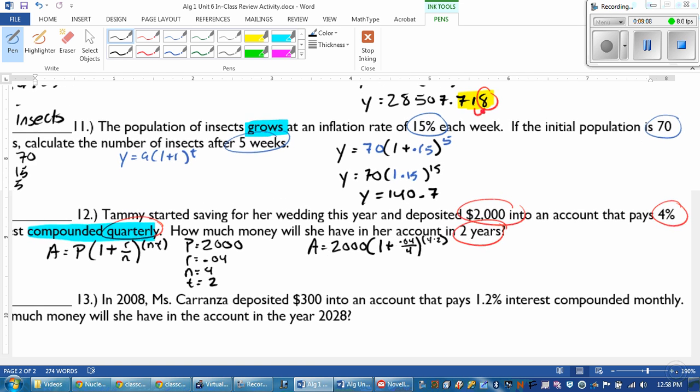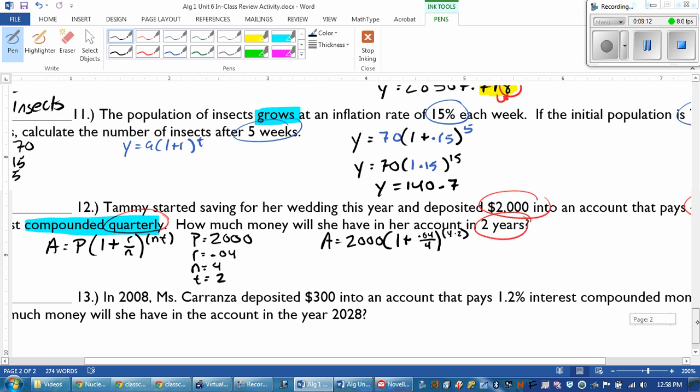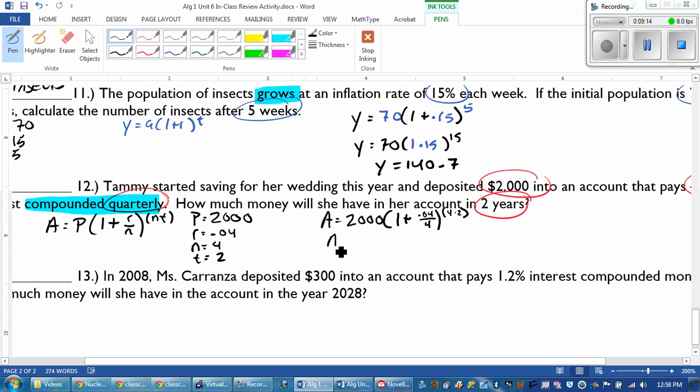Can you see all that? Now, let's do some of these operations. I'm going to do 4 times 2 real quick, because I can do that in my head. 4 times 2 is 8.